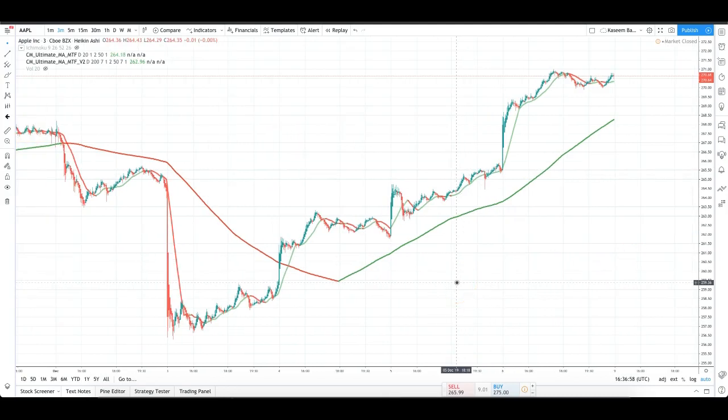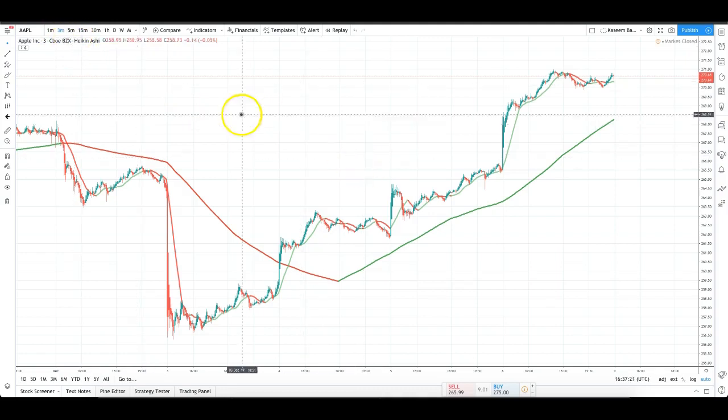So let me get into the other things that I wanna talk about here. Let's look at the other things that you might need. Like I said, for me, I trade using the 3 minute period. You can trade using the 5 minute chart. I don't know why it's not changing.